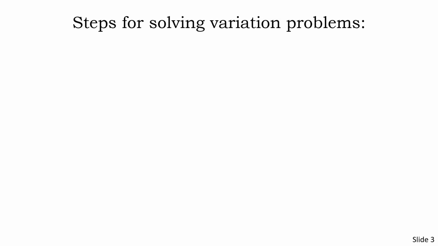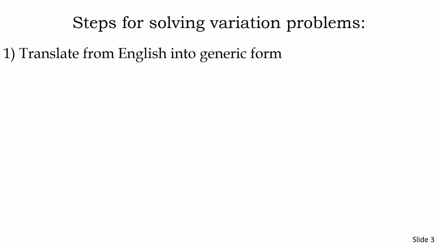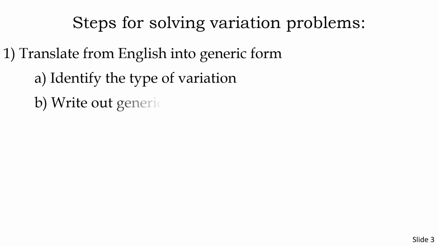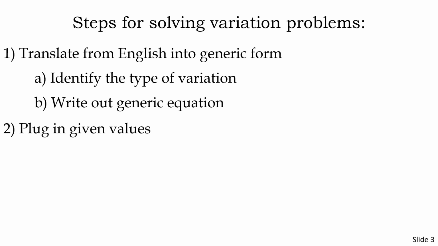Steps for solving variation problems. Step 1. Translate from English into generic form. Identify the type of variation, and then write out the generic equation. Step 2. Plug in given values. 3.